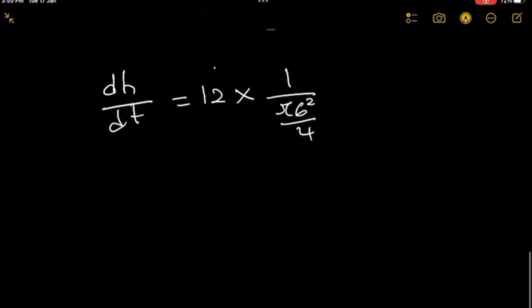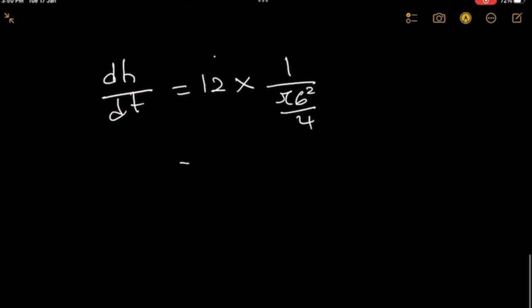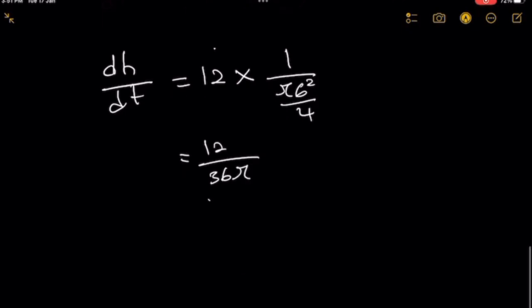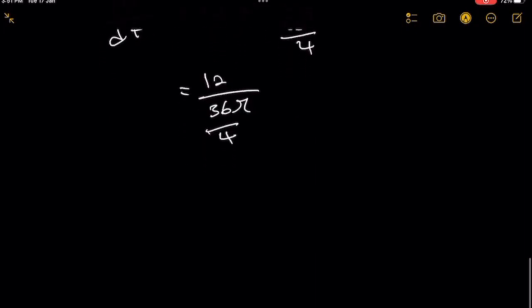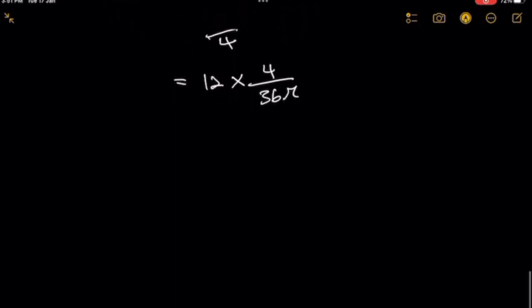Where do we get 6 squared? The h is 6 based on the question, so we just substitute into h. Now we can simplify, so we get 12 over 36 pi over 4. So we get 12 times 4 over 36 pi.